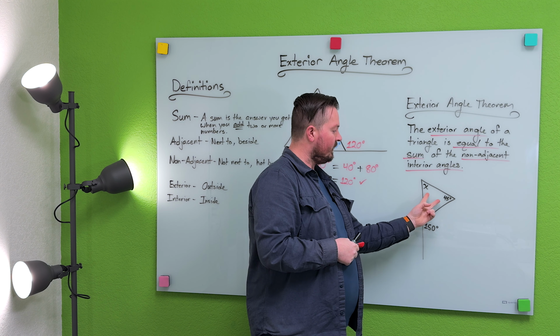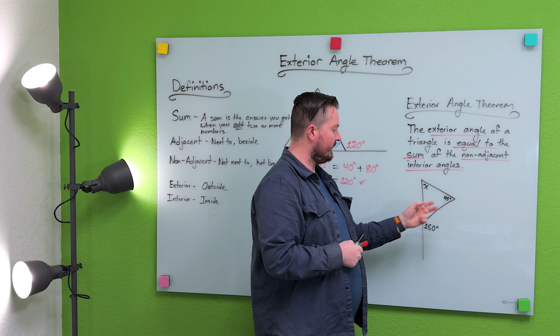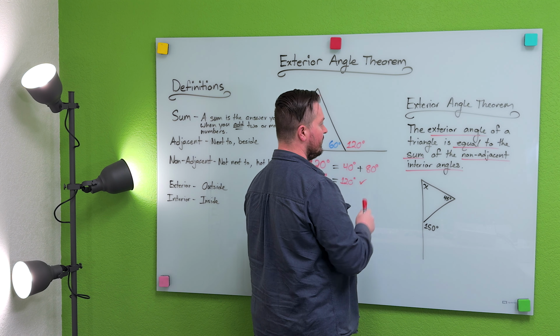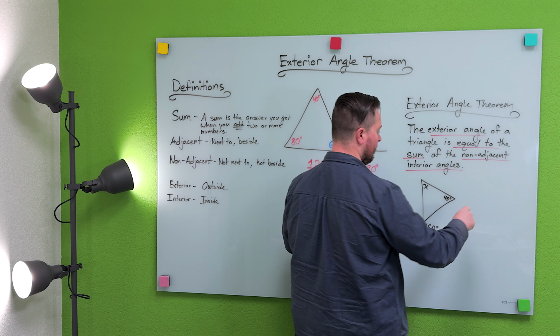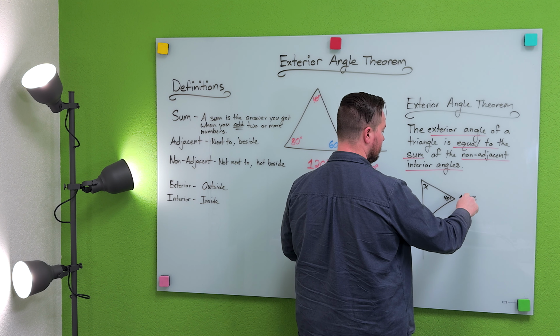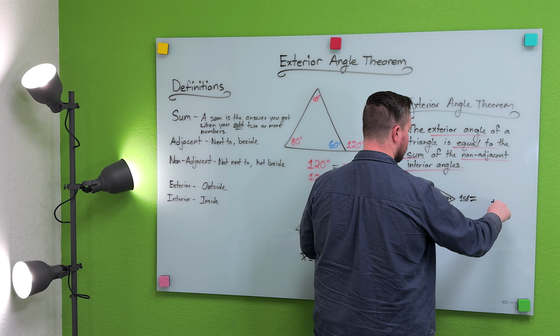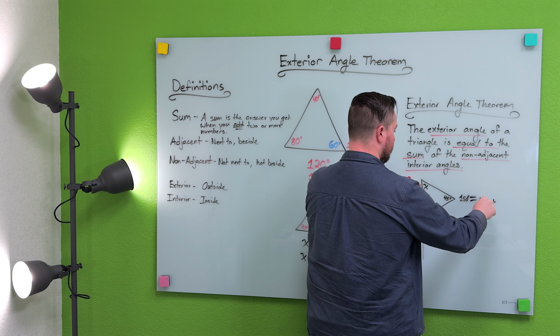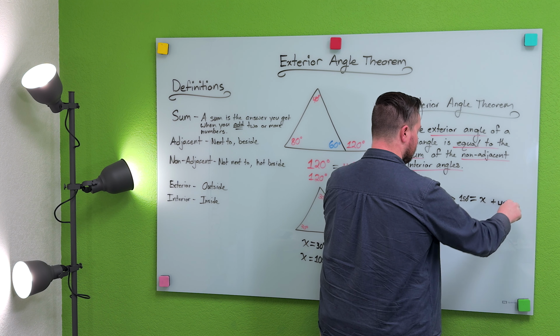Inside the triangle, we have two non-adjacent angles to this that are interior. So we can use the exterior angle theorem to say that the exterior angle, 150 degrees, is equal to the sum of the two non-adjacent interior angles.